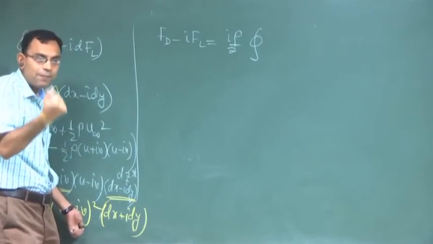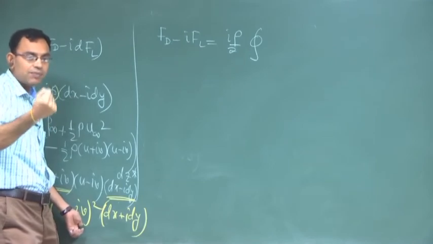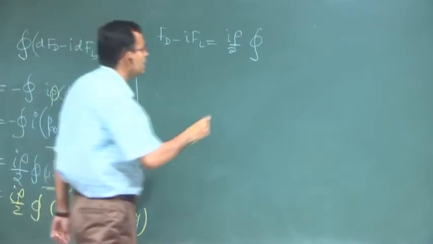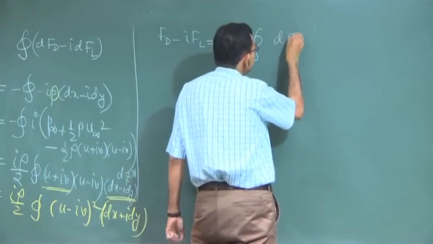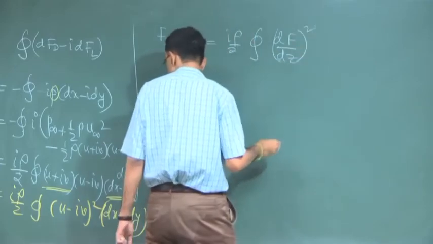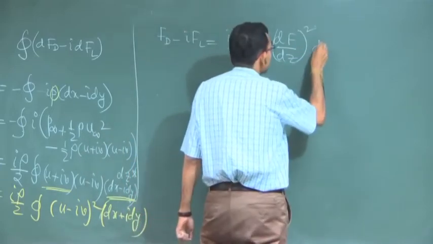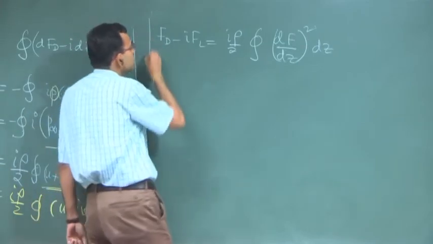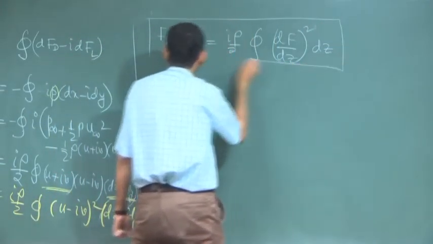So, if you know the complex potential, just by using the derivative of the complex potential you can calculate the lift and the drag force simultaneously. This is the power of this complex analysis. So, this is called as Blasius force theorem.